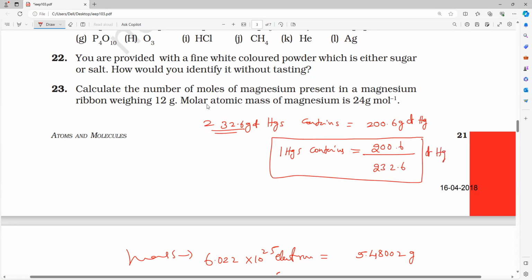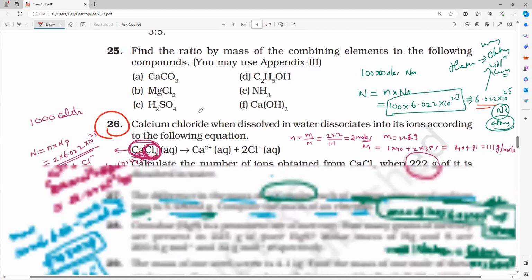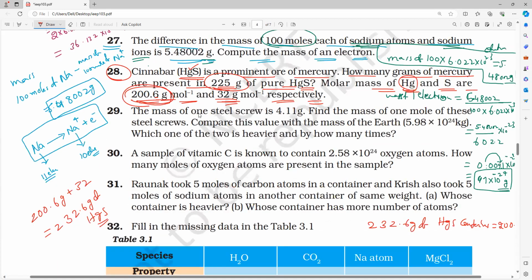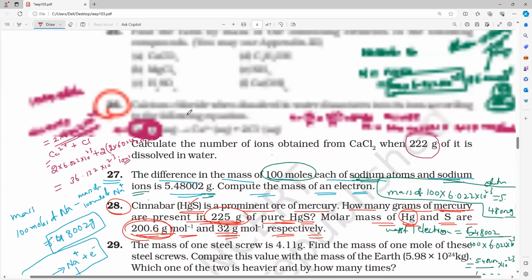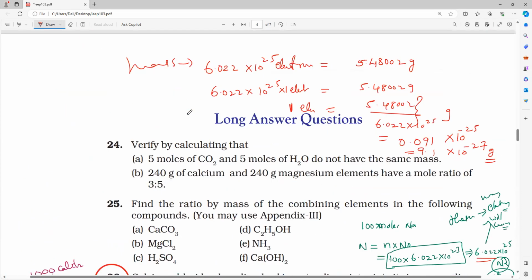Are you clear? So why am I doing this? Observe what they are asking: how many grams of mercury is present in 225 grams of pure HgS. If you want to find, for example, what 100 kg is in rupees, you need to know the cost of 1 kg. Is it right or wrong?